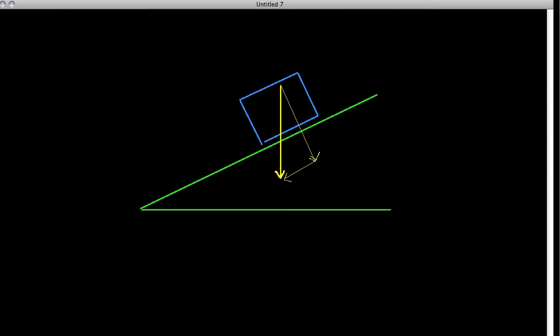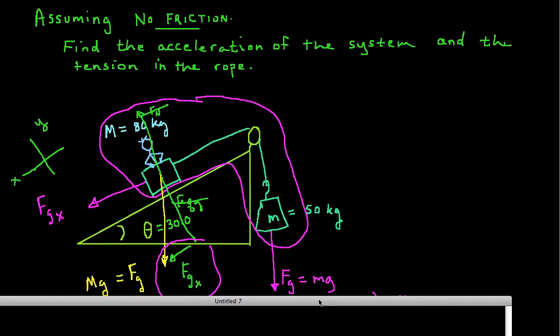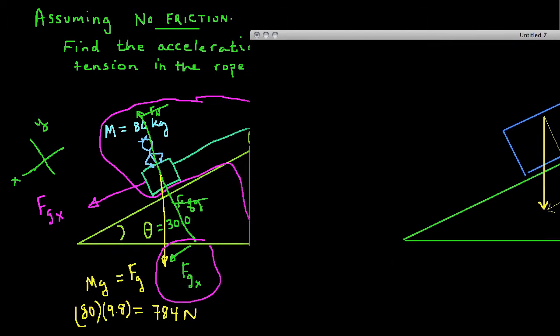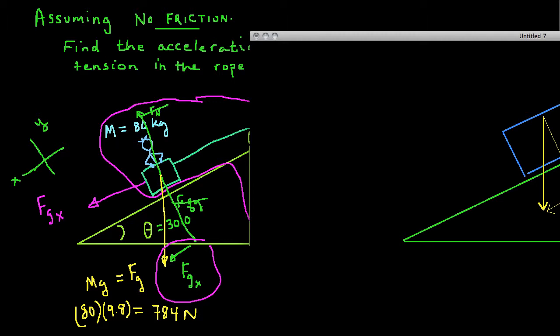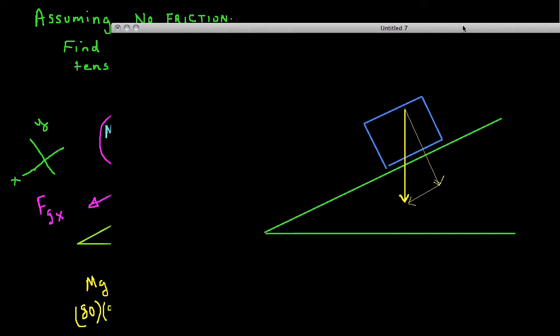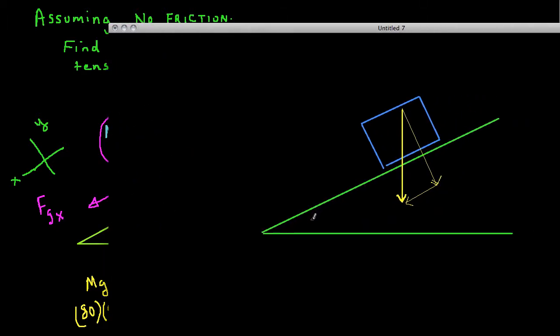Great. Now, I think I have our ramp sketch on here, because I just want to remind you how these angles all play out when we break these down into components. This is just our ramp drawn right there. You can see that this side is Fg, and Fgx is what we're interested in. This is 30 degrees right here.